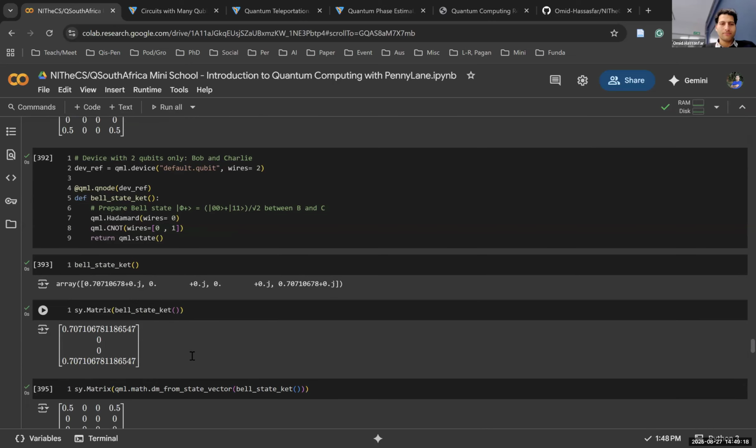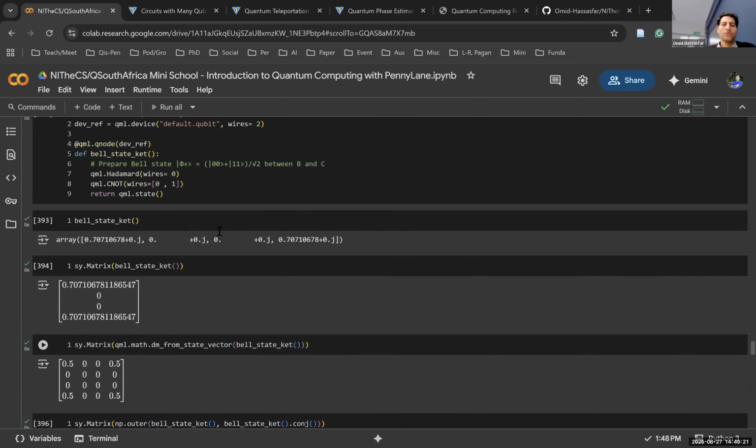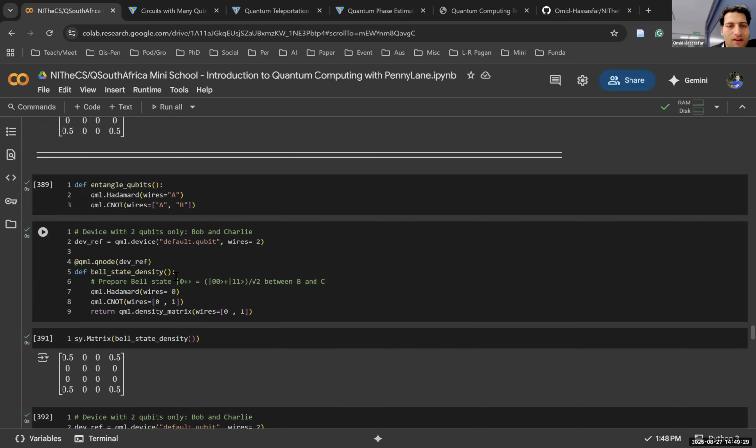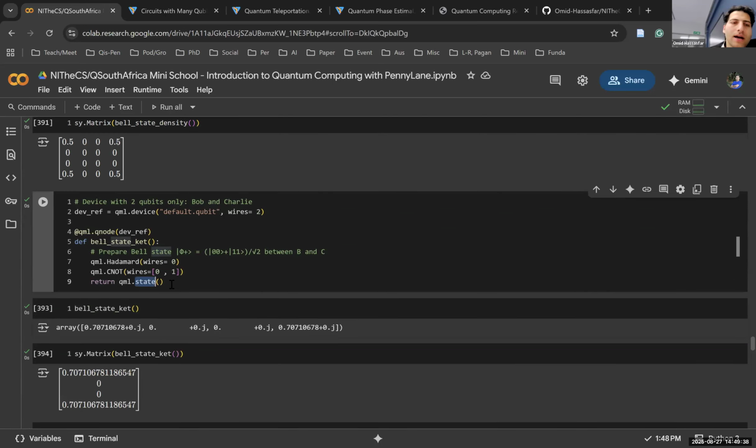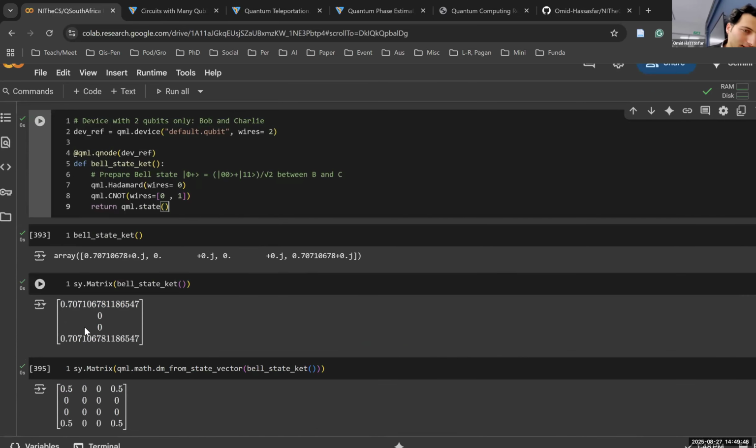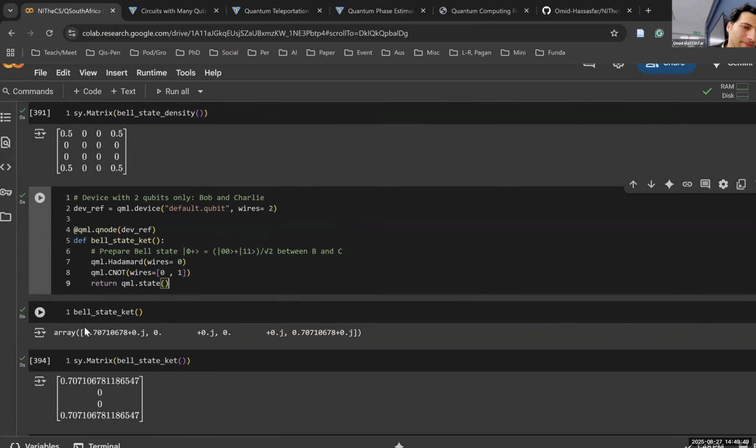Again, I just try to explain and expand this part. If you have the previous code, instead of QML density matrix, you can have QML state. This is another method. So you can have the same circuit, and your return sometimes depends on what you need, or what you can.